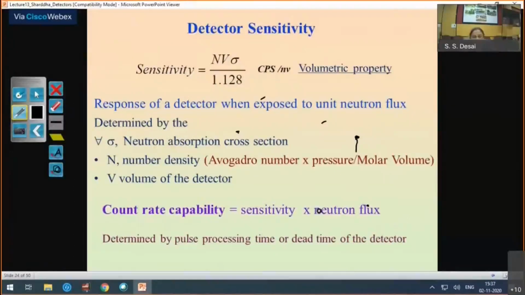That is how we have to design the sensitivity of the detector beforehand, so that the neutron flux of interest for a particular experiment can be determined. Okay, so this counting capability is the maximum number of counts which the detector can give. It also has a role from the dead time of the detector, the time needed for processing a single pulse of the detector.